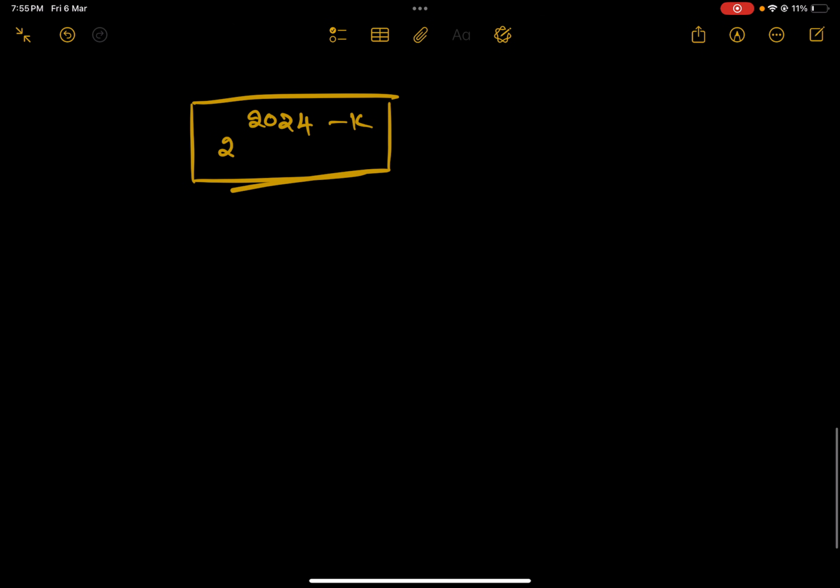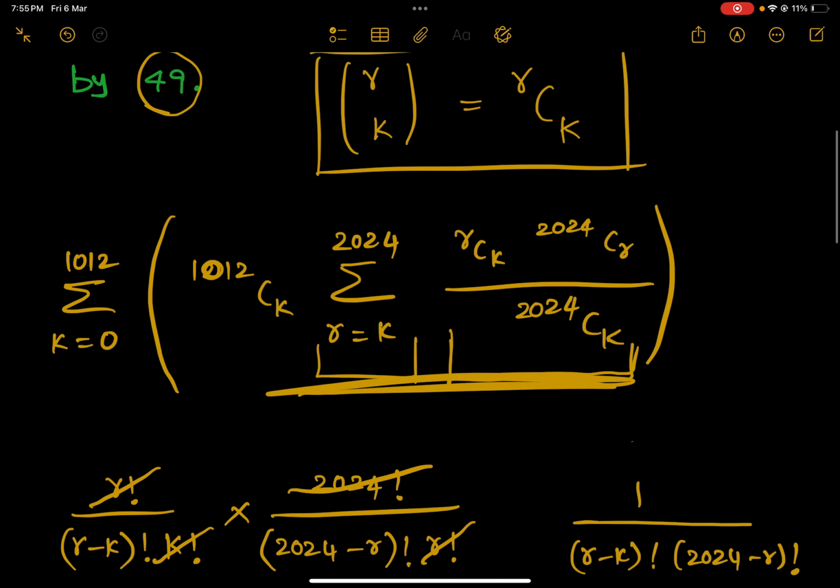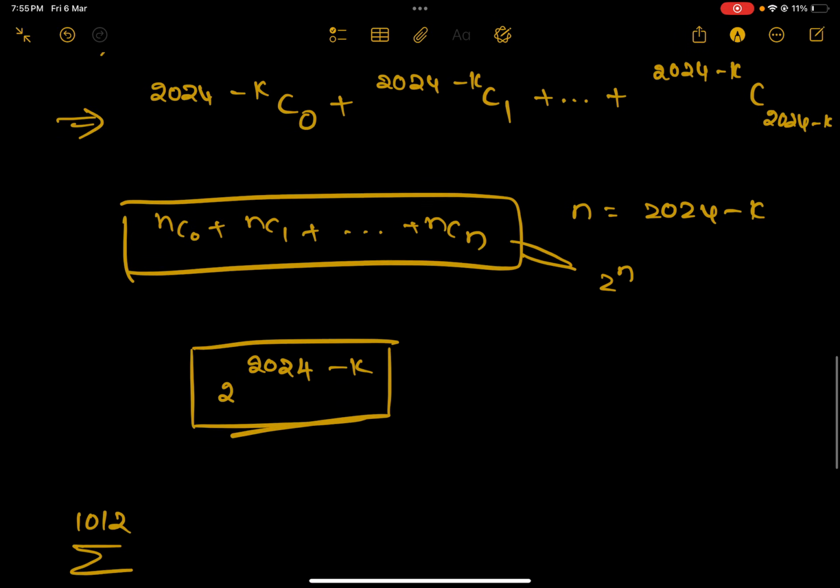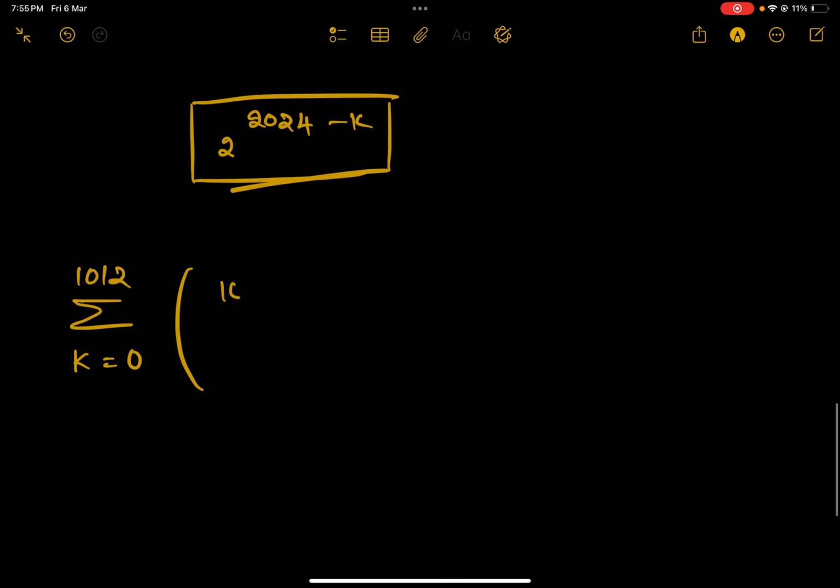So now what do we have to evaluate? We have to evaluate the sum for k equals 0 to 1012 of 1012 Ck multiplied by 2 to the power 2024 minus k. Now we have to evaluate this particular summation. All right, so let's try to put the values.